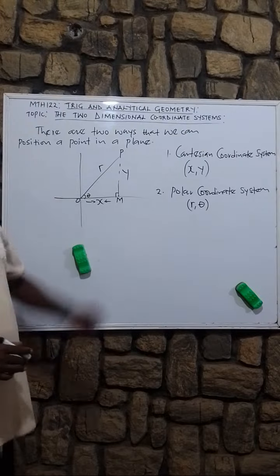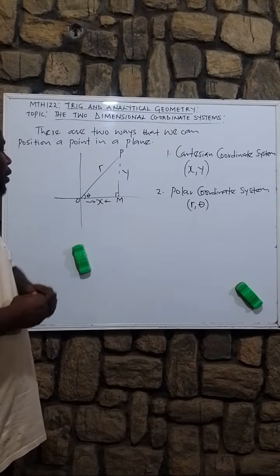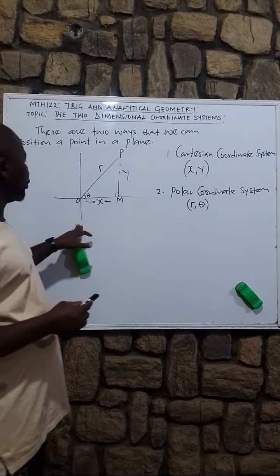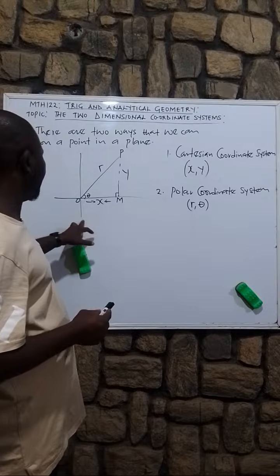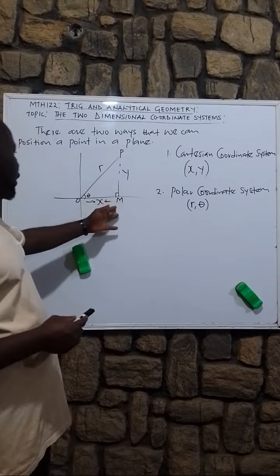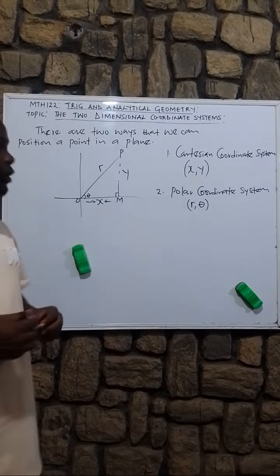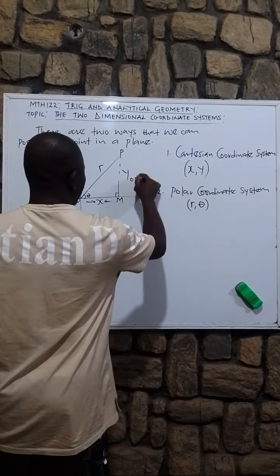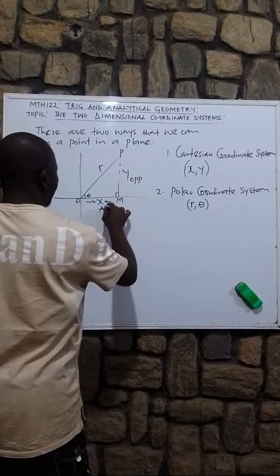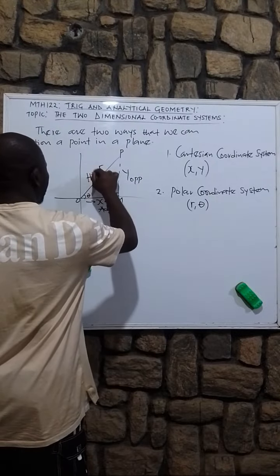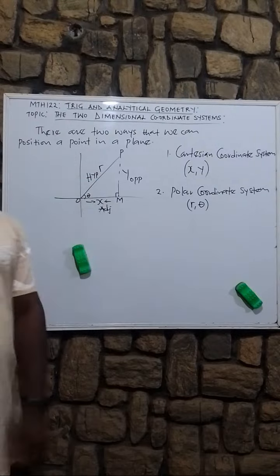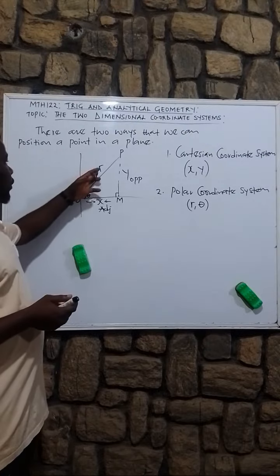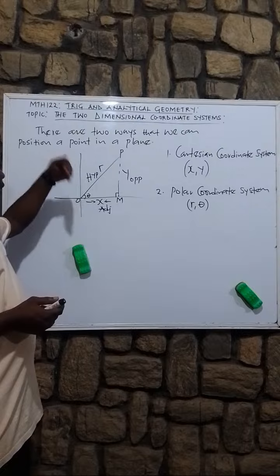So as it is, let us use Pythagoras theorem to obtain our r, since this is a right angle triangle. Here is opposite, here is adjacent, and here is the hypotenuse. Pythagoras theorem states that the square of the longest side is equal to the sum of the squares of the two remaining sides.